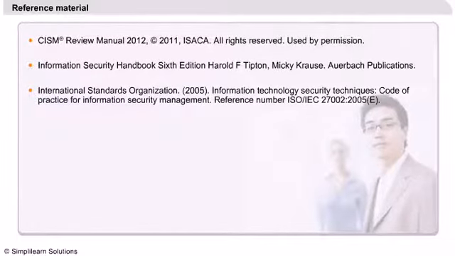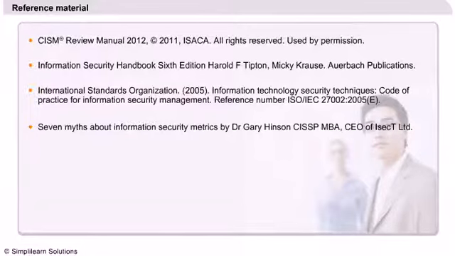International Standards Organization, 2005, Information Technology, Security Techniques, Code of Practice for Information Security Management, reference number ISO/IEC 27002:2005(E). 7 Myths About Information Security Metrics by Dr. Gary Hinson, CISSP, MBA, CEO of ICT Limited. And the link given here will be of help to you as reference material.